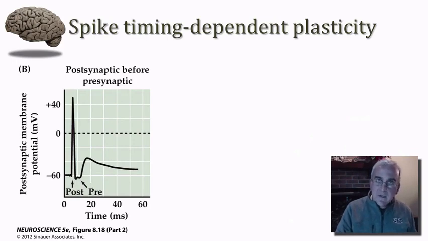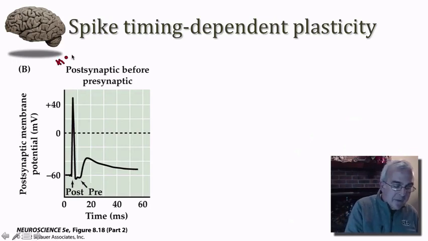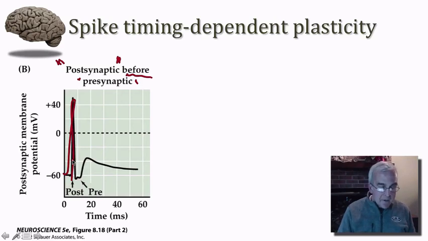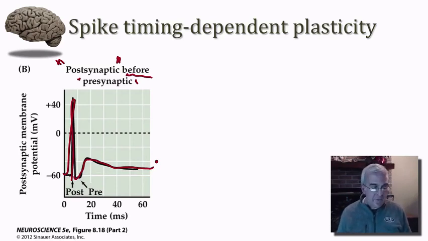So if we stimulate such that the postsynaptic action potential actually happens before the presynaptic action potential, we might find a recording that looks like this. So the large action potential represents the postsynaptic spike, and then some period of time following it, maybe 30 milliseconds or so later, the presynaptic input is stimulated, and we see some postsynaptic potential that's recorded. But that postsynaptic potential, importantly in this regime, follows the triggering of the action potential.